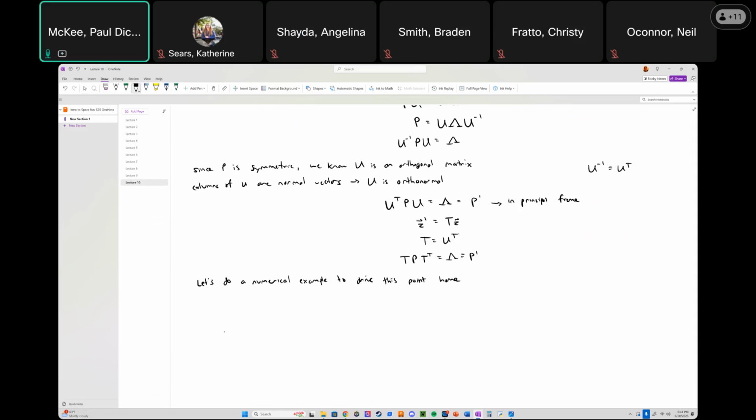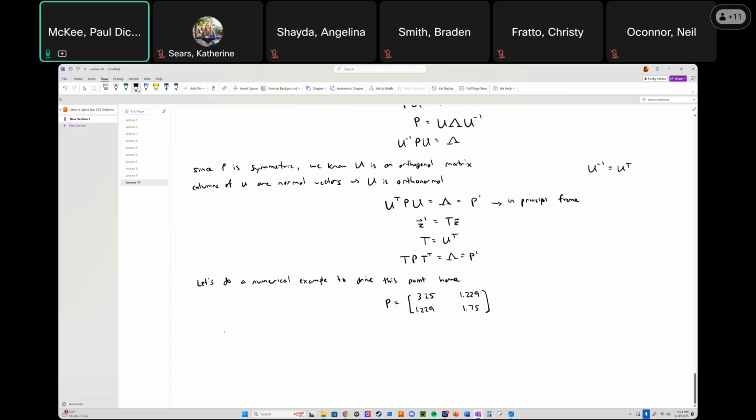So what if I asked you to plot for me P, which is 3.25, 1.229, and then 1.229, we know it needs to be symmetric, and 1.75. How in the world would we deal with these off-diagonal terms? Okay.